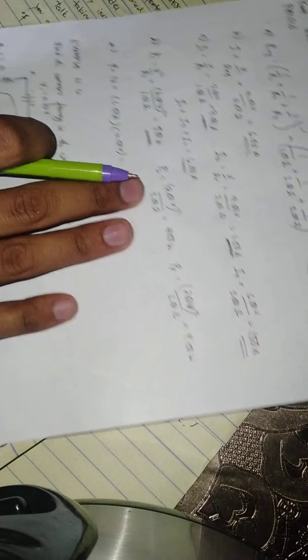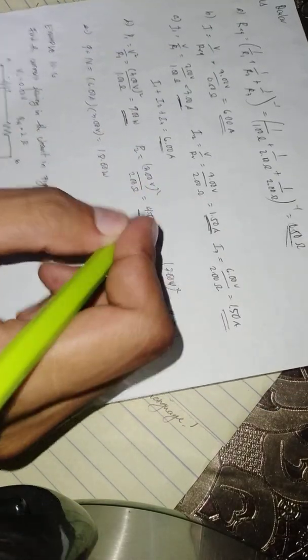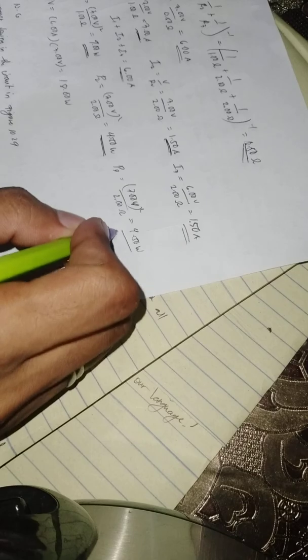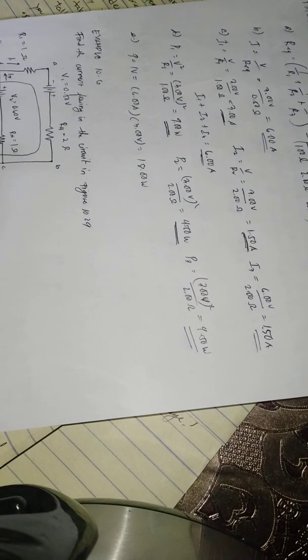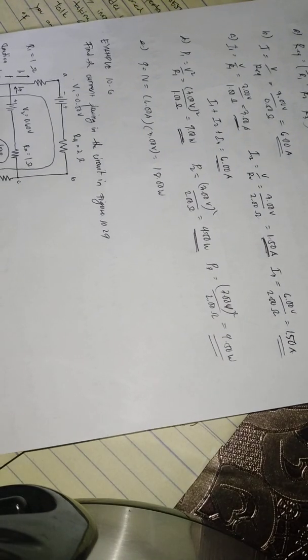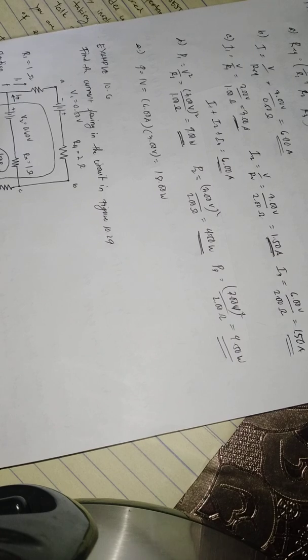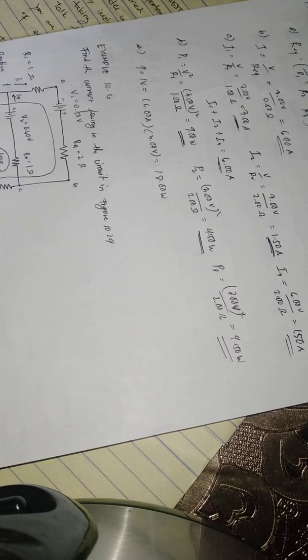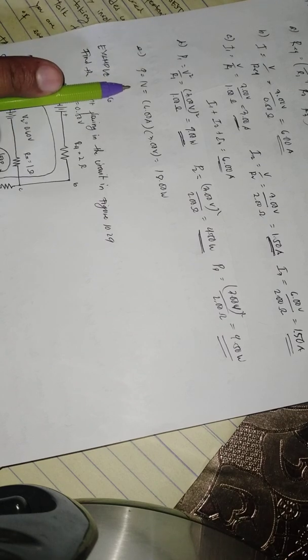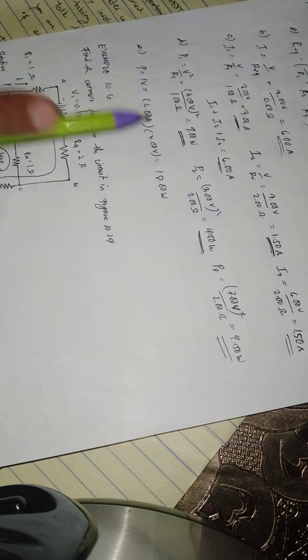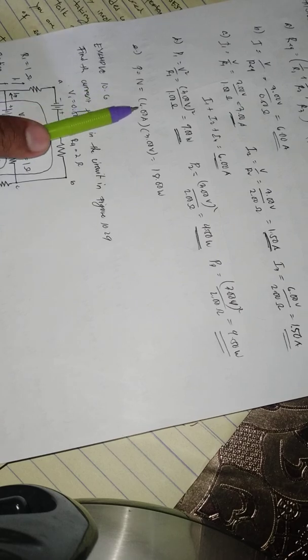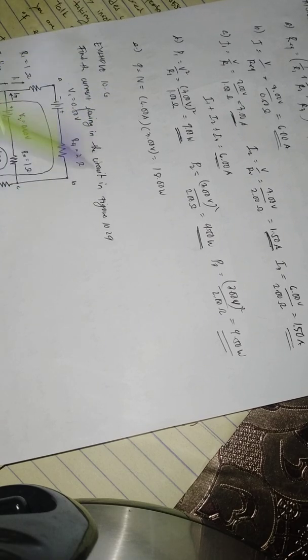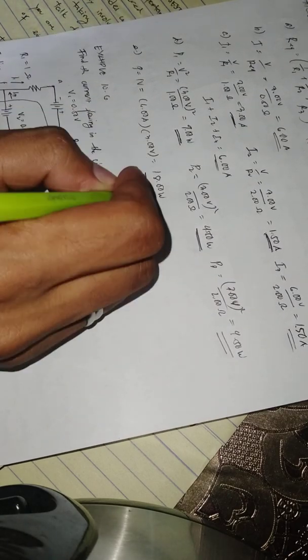P sub 2 is 4.50 watts, and P sub 3 is 4.50 watts. And E, the total power can also be calculated in several ways. The formula P is equal to I V, so 6 times 3 is equal to 18 watts.